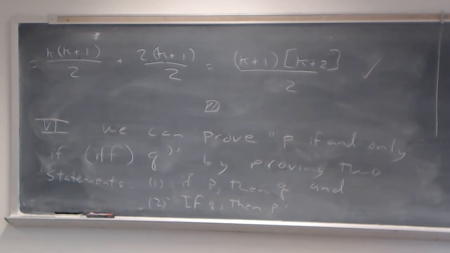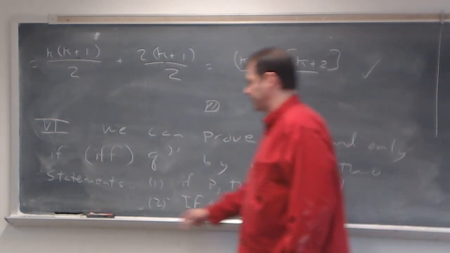So we're saying if P happens, then it follows that Q will occur. And in an if and only if statement, if Q happens, then P will have to occur. One indicates the other will happen.